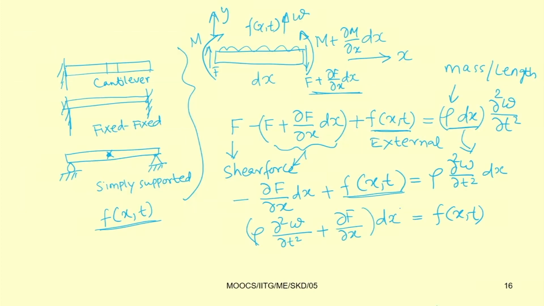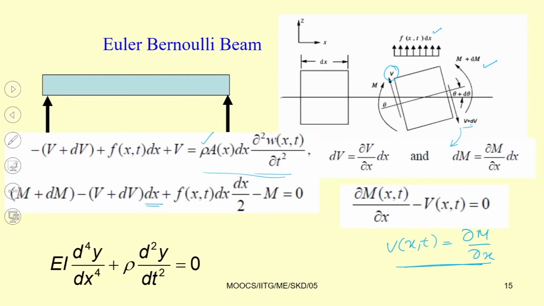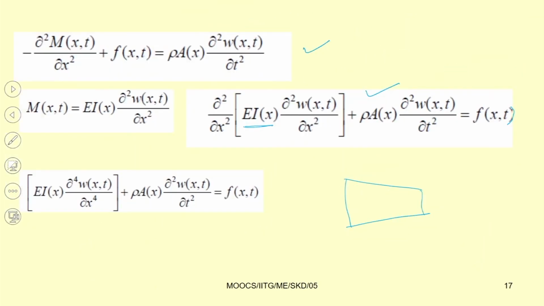In this case the cross section is not uniform, so you can have different I, and I will vary along the length of the beam. So if I is varying along the length, you take ∂²/∂x² outside and write ∂²/∂x² of (EI(x) ∂²W/∂x²) plus ρA(x) ∂²W/∂t² equal to f(x,t).